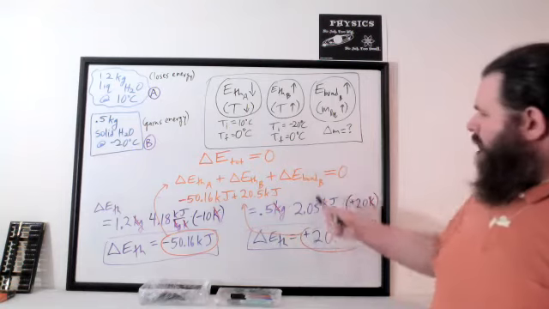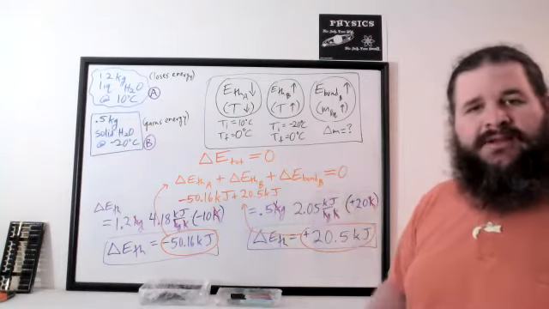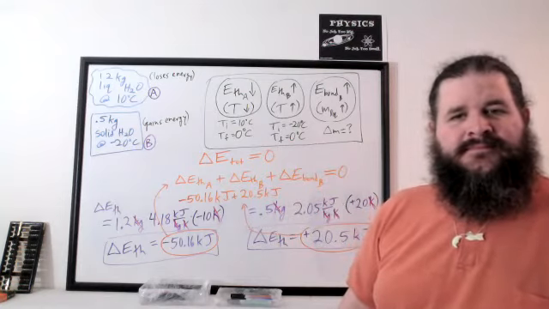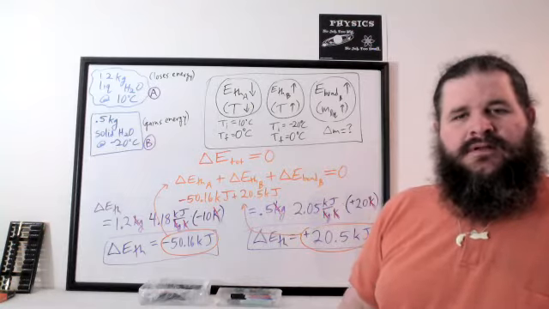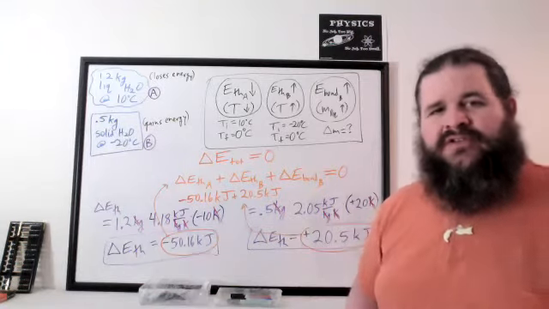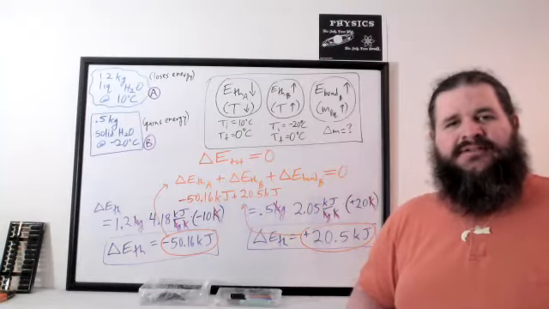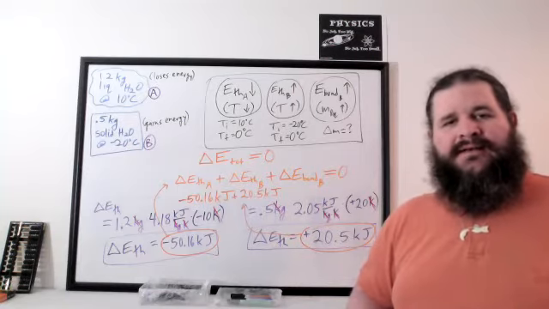And I erased it, but can we use the 166.75 kilojoules for delta E bond for object B? Yeah, we can't use that one, right? Because the 166 kilojoules, that was the amount of energy involved in what change? 166 was the amount of energy required to do what?